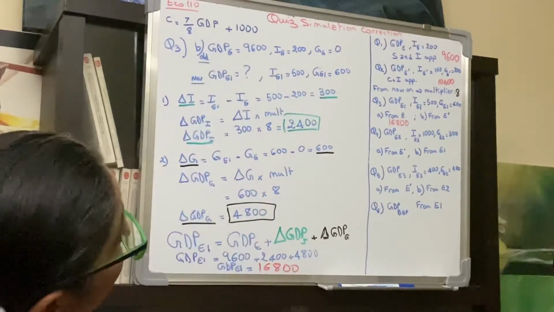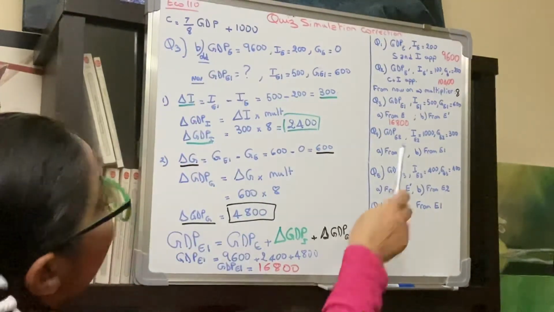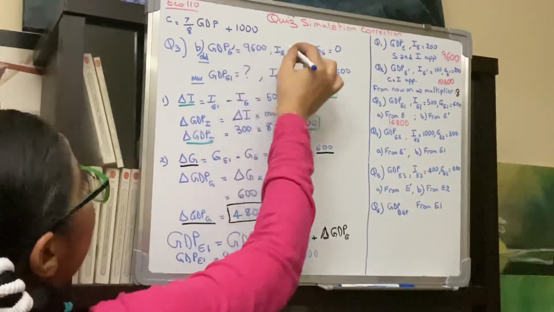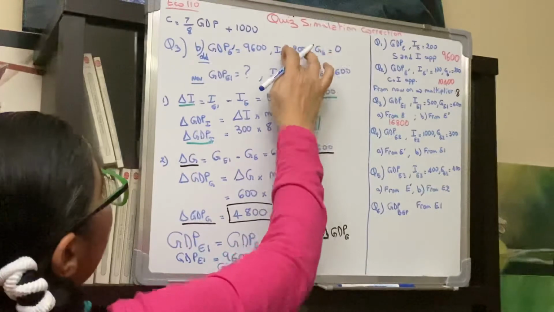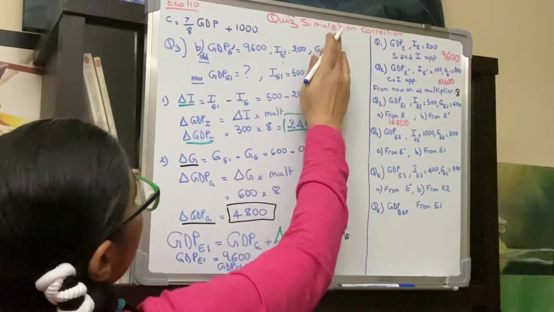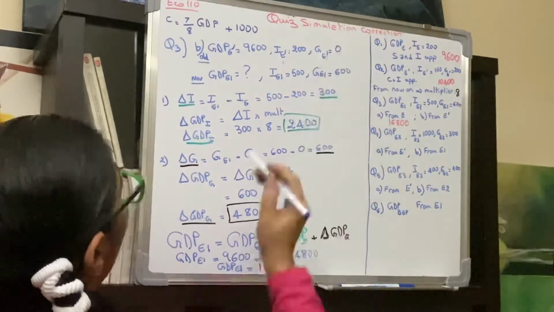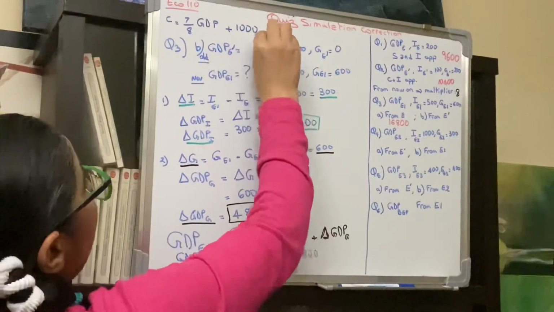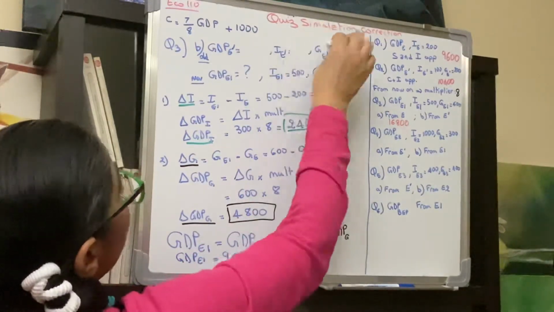They're asking me to calculate it from E prime. Okay, so I need my departure point to be E prime and not E. So I need the data for E prime.